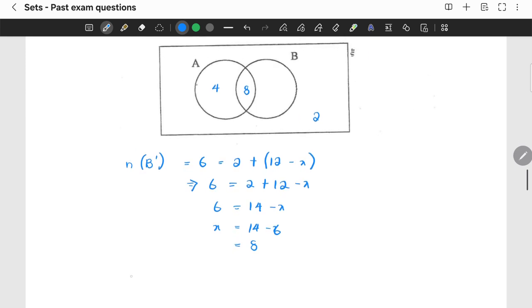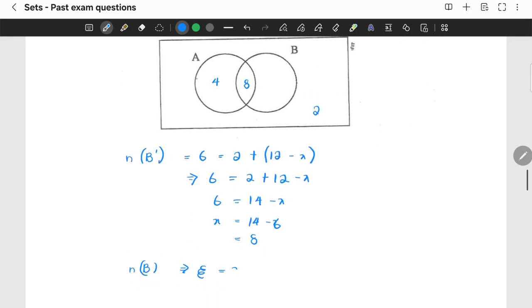So if we want to find the number of elements in B, given that we know that the universal set has 25, which should be 4 plus 8 plus y, which is number in B, right, plus 2. 25 is equal to 4 plus 8, that's 12 plus 2, 14 plus y.